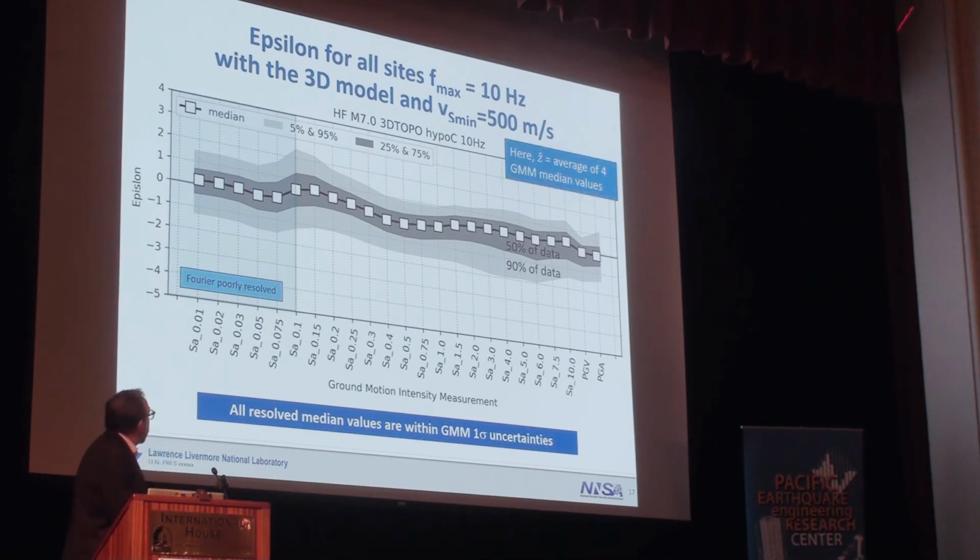And you can see that across this band, PGA, PGV, and spectral acceleration at 10, 1, 10 hertz, and 100 hertz are well resolved. In fact, you can see we're relatively unbiased even for the Fourier components that are not resolved in the calculation, spectral acceleration at 1 hertz.